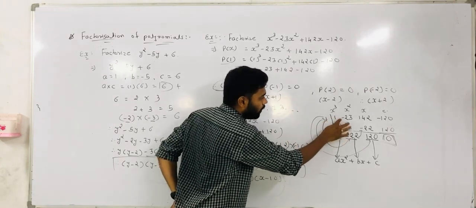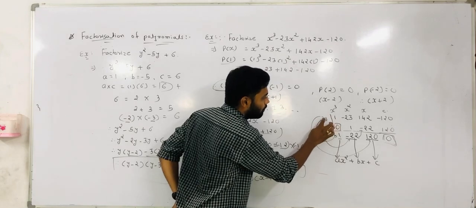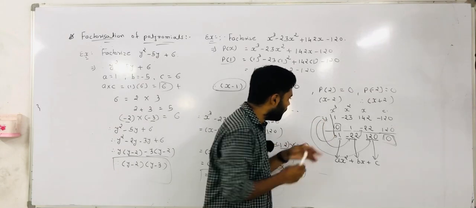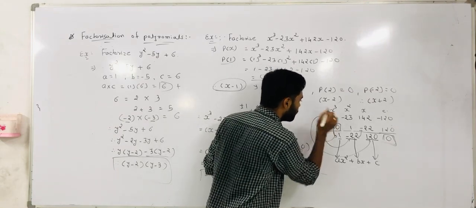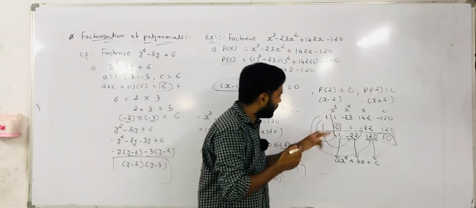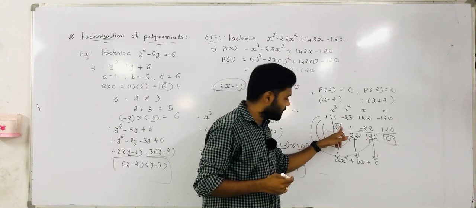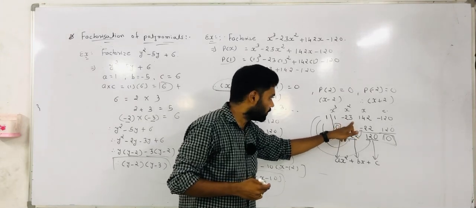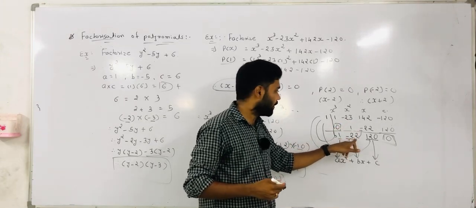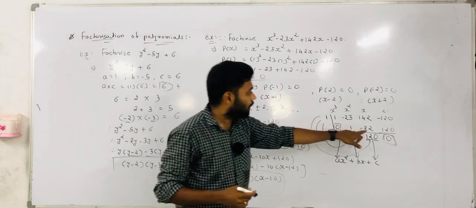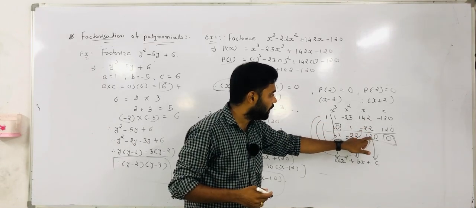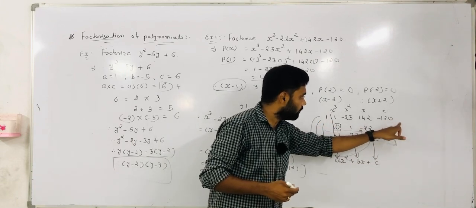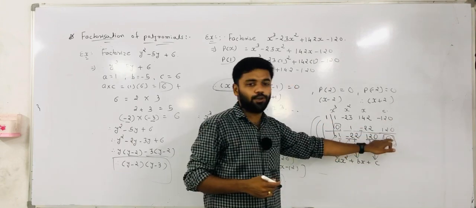Add these two, so 1 plus 0 is 1. यहाँ पे आपको 1 लिखना है because for which value you will get 0, so 1. यहाँ पे compulsory 0. 1 plus 0 is 1. 1 into 1 is 1. Minus 22 into 1 is minus 22. 142 minus 22 is 120. 120 into 1 is 120, minus 120 plus 120 is 0. यहाँ पे 0 आना ही चाहिए.